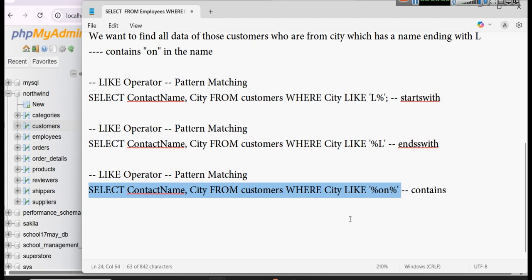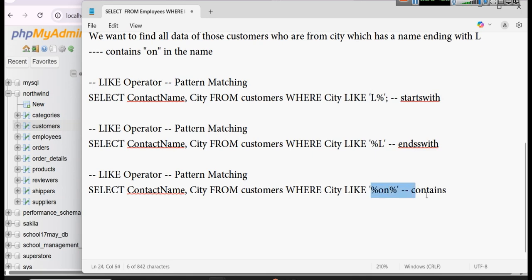Okay. So for example, when something ends with L, we know that there will be nothing after that. When something starts with L, we know there will be nothing before that.